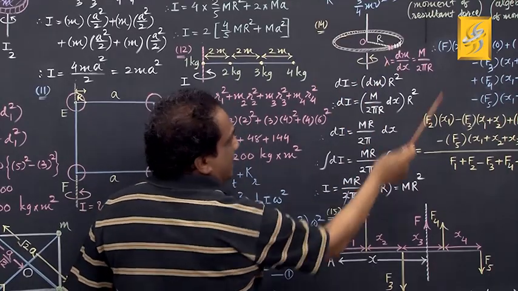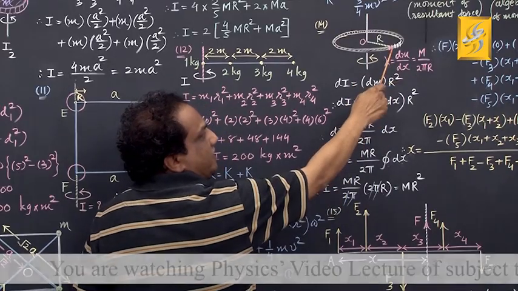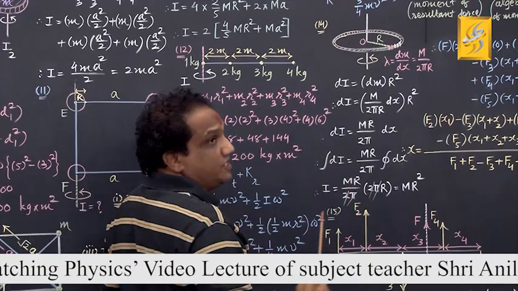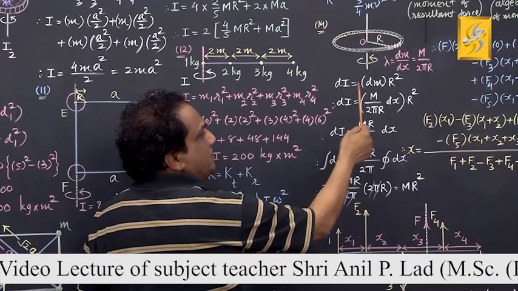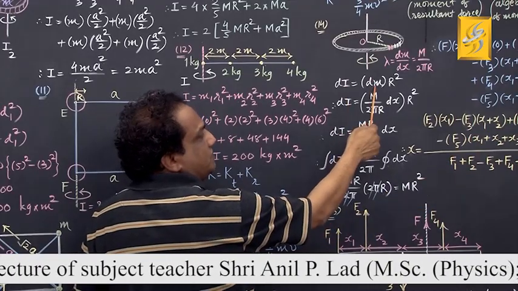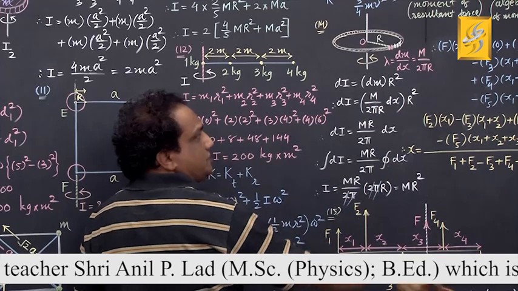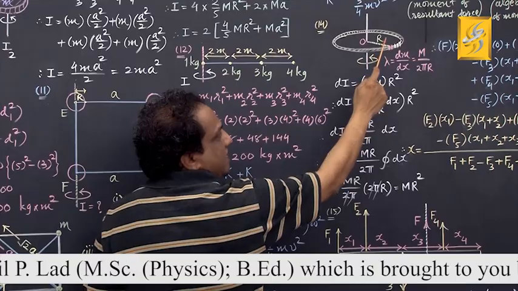Now for one extremely small mass element, you may take it as one particle, and whenever any particle is rotating about some axis, keeping itself at perpendicular distance r, then what is the moment of inertia? It is mass into square of perpendicular distance. Mass is dm, perpendicular distance is r.